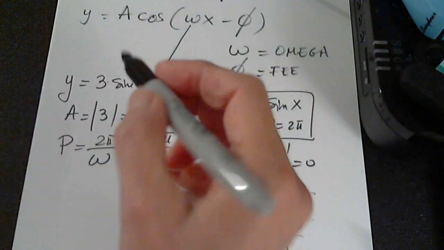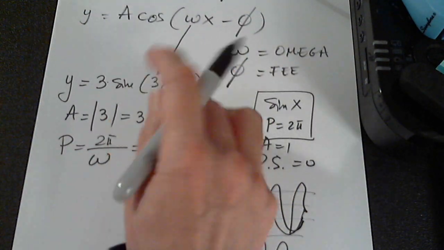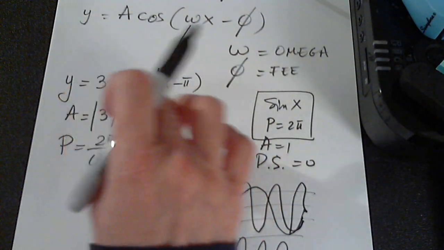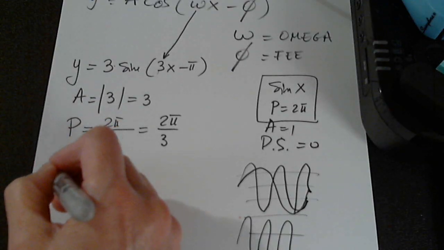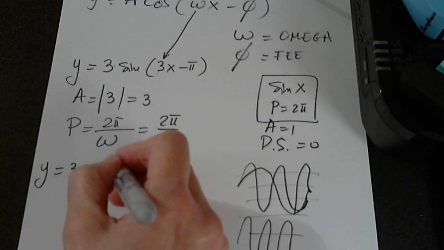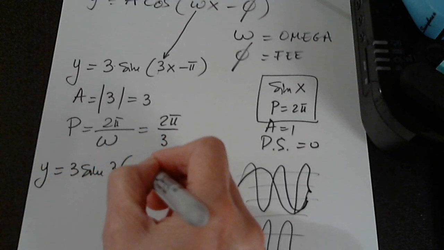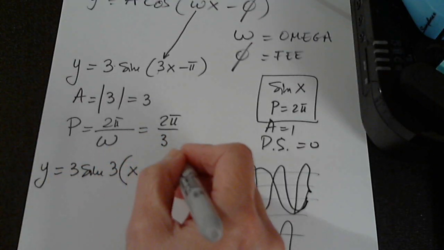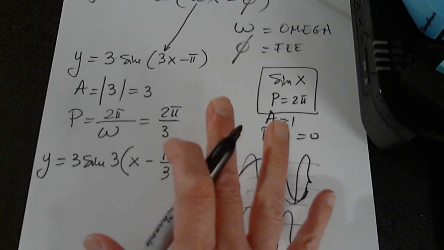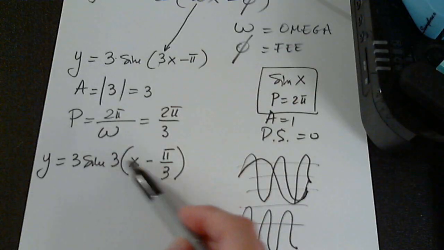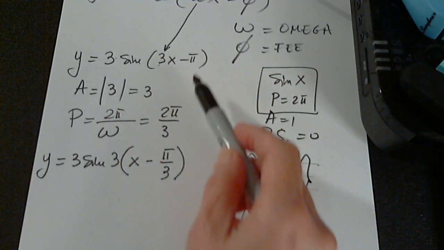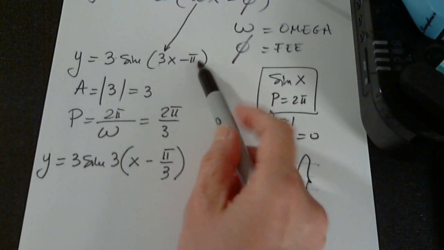Okay. Now I have to factor out 3. You cannot take it out in front of sine. You can take it in front of the parentheses. So we have y equals 3 sine of 3 times x minus pi over 3. Okay, what does this mean? 3 times x is 3x. 3 times negative pi over 3, I simplify and I get the pi back.